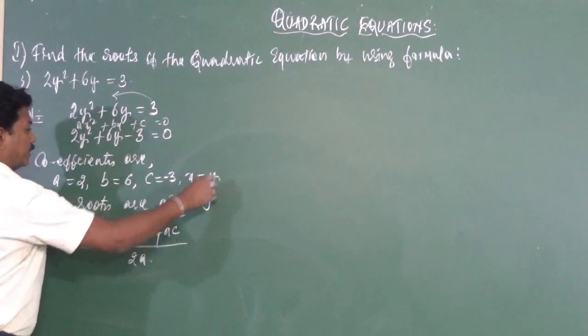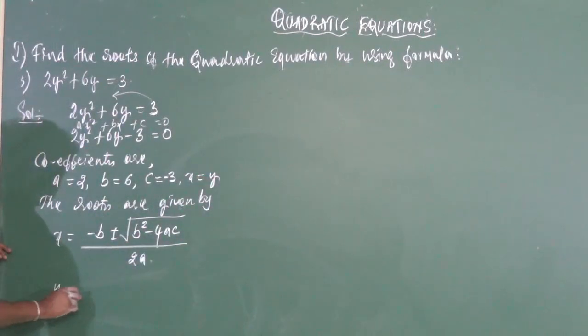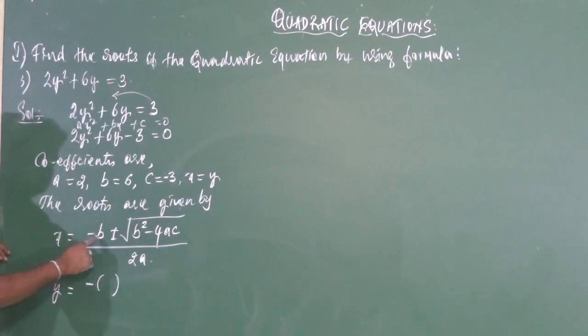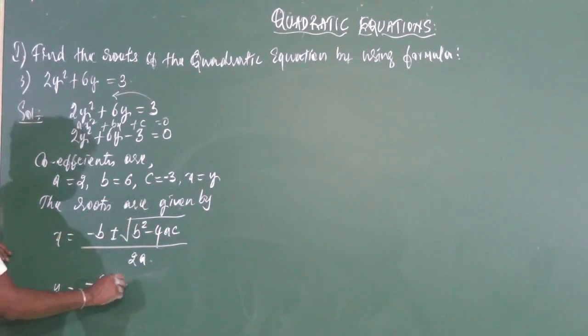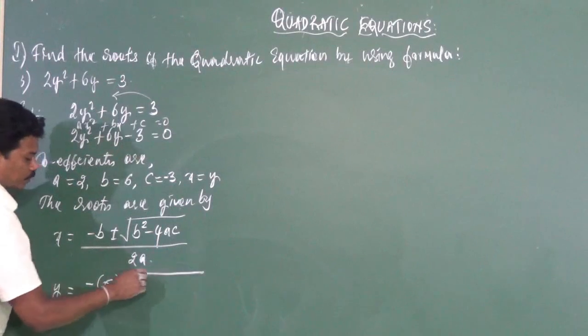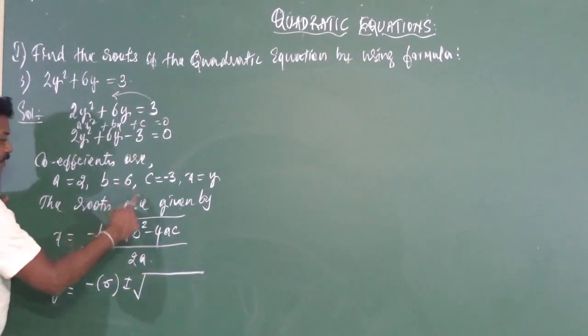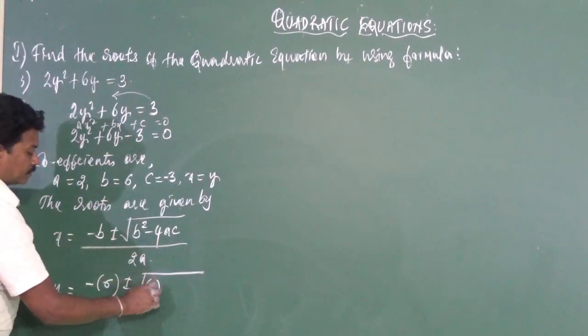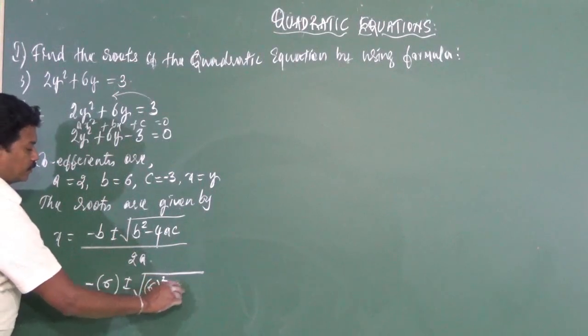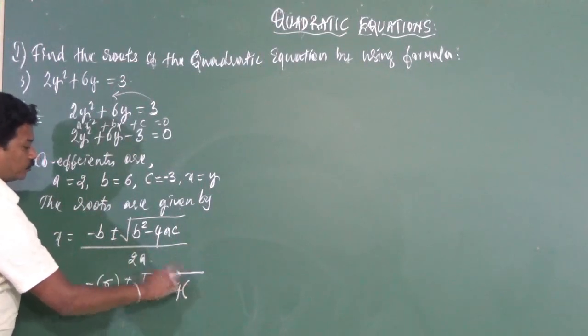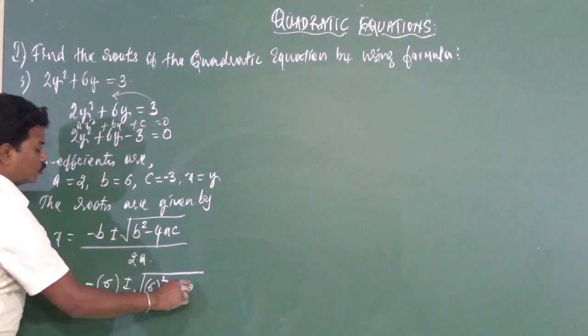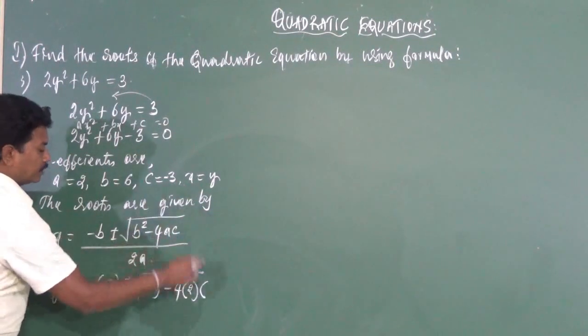So this is y. So therefore y is equal to minus, put the minus, open the brackets, b value is 6, plus or minus square root of b square, 6 whole square, minus 4 into a, a value is 2, into c value is -3.